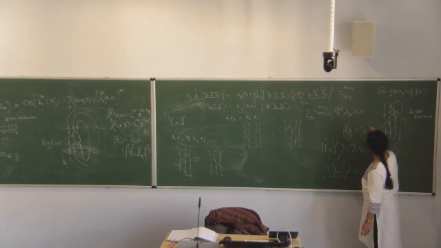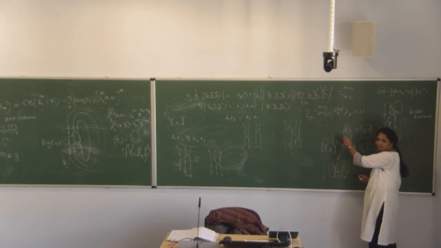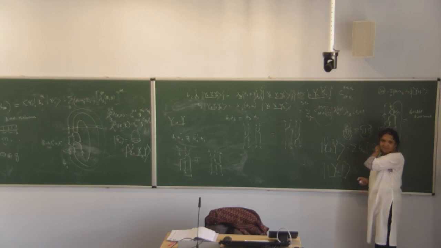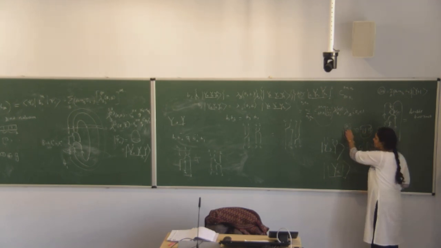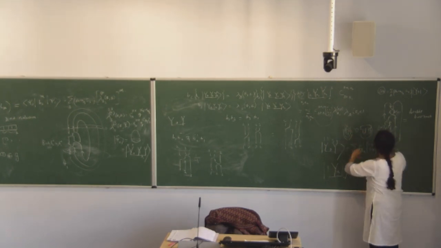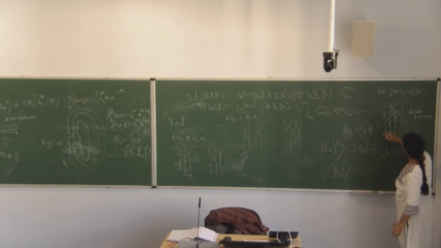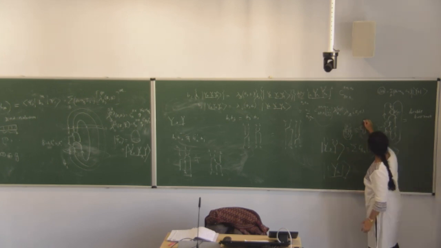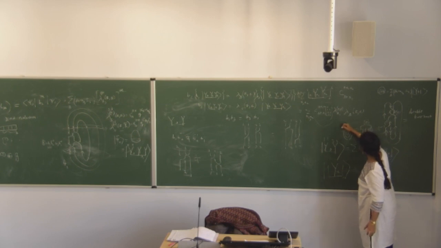What braid word you put will just slide it by a Reidemeister move 2 and you can make it look like this. Once you have that, you can systematically write the starting state, or equivalently you could put the braid word here and get back the state.